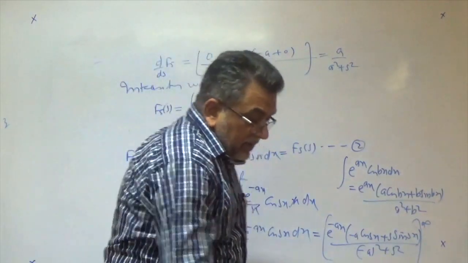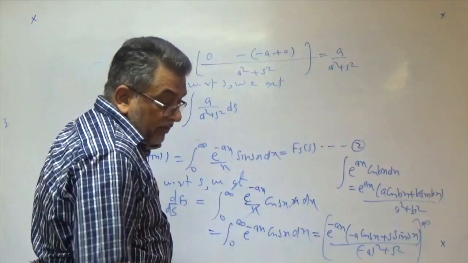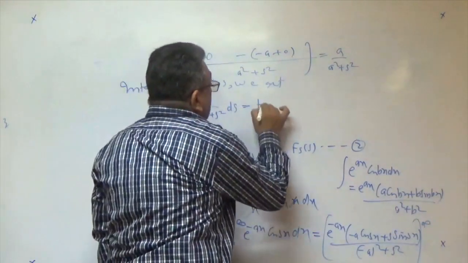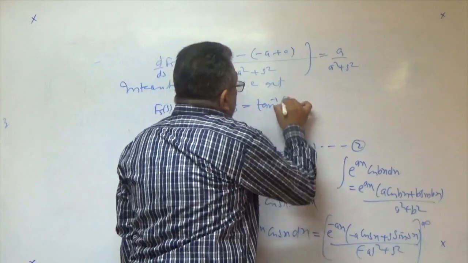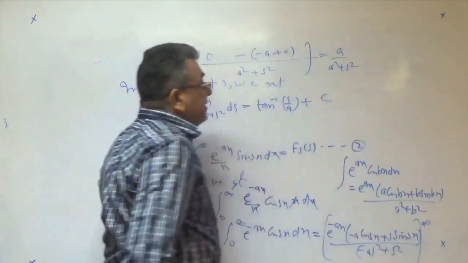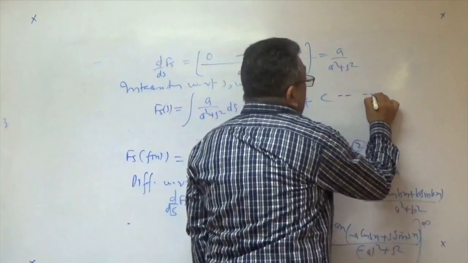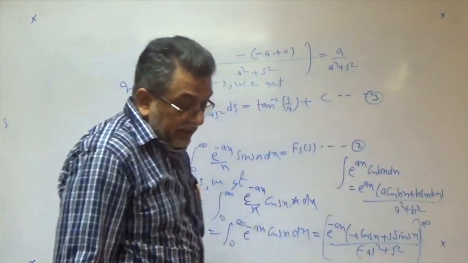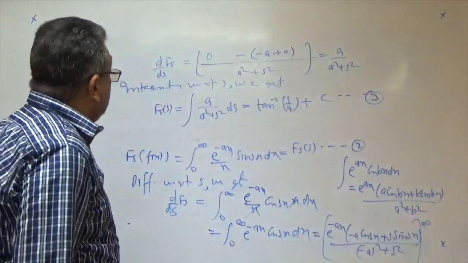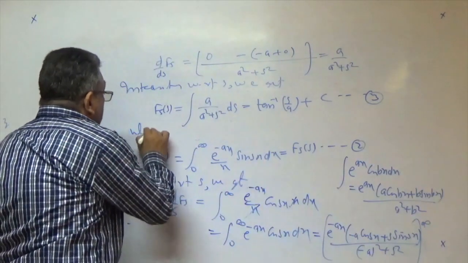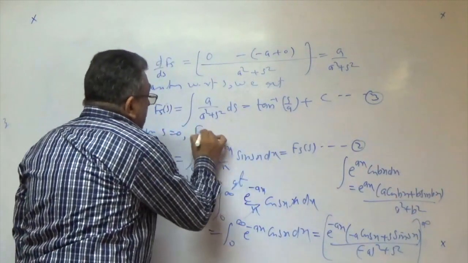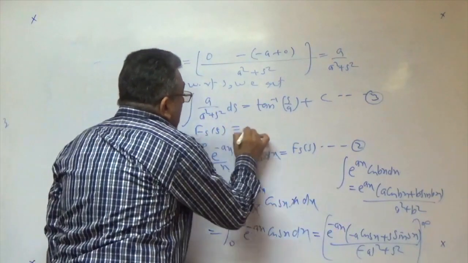A is cancelled out. Directly, you know the formula: tan inverse of s upon a plus a constant of integration. Take this as equation number 3. Because it is an indefinite integral, we can put s equal to 0, and then F(s) is also 0.